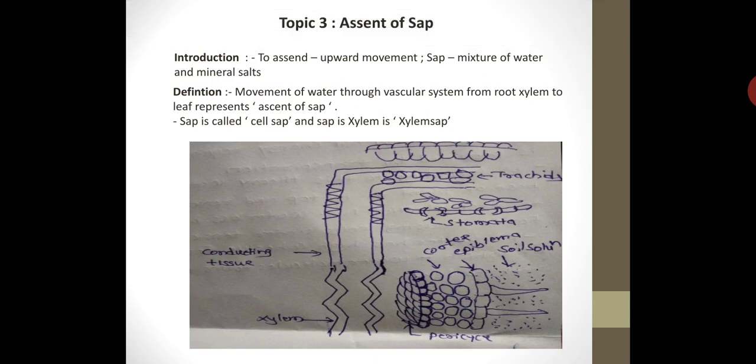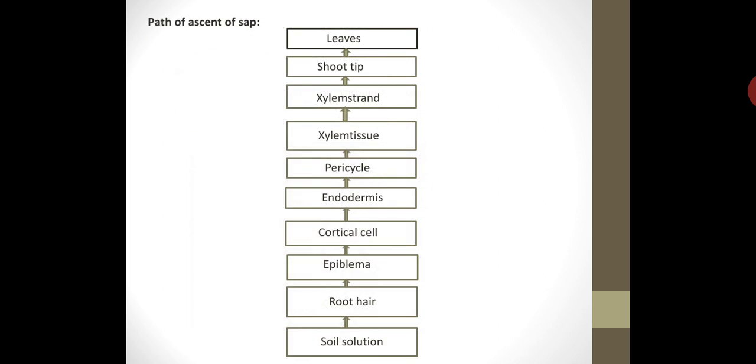Now the same is shown in this another flow sheet. See, from the base, soil solution where the sap is present, that is a mixture of water plus salts. Then that sap enters through the root hair, through the epiblema, then cortical cells of the root, endodermis, pericycle, and finally xylem of the root.